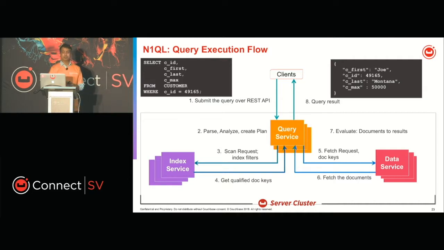Once the plan is created, we issue the scan request if we are choosing one or more indexes, and we push down as much as possible to the index service. The index gets us back the qualified document keys. If it's a covered index, we also get all of the data from the index service. And if the query is not covered by the index, we go to the data service, fetch the documents, apply the filters, and do the pre-aggregation, aggregation, pagination, and projection, right?